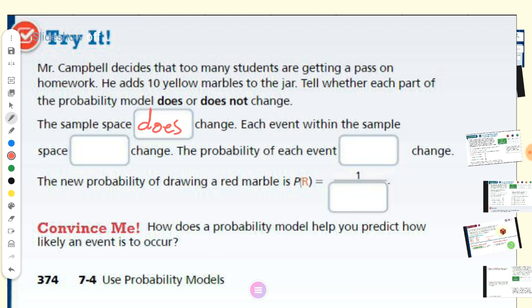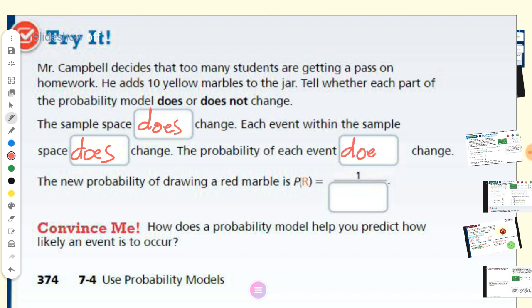Does each event within the sample space change or not? Yes, it changes. Why? Because it was 3 over 10, it becomes 3 over 20. Does the probability of each event change or not?